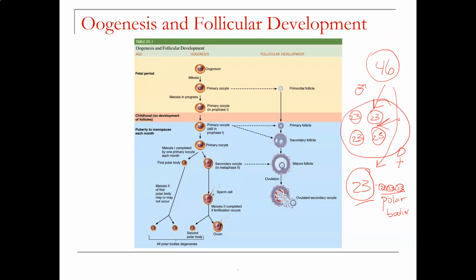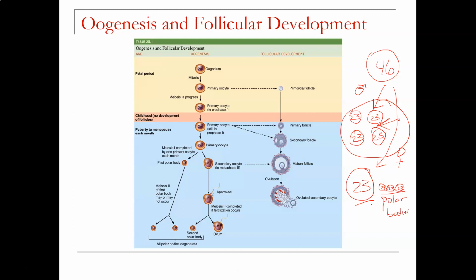But in females, cytokinesis is unequal, and when it occurs, one of the 2 daughter cells gets most of the cytoplasm and the organelles, and the other cell doesn't get much. That would be a polar body.